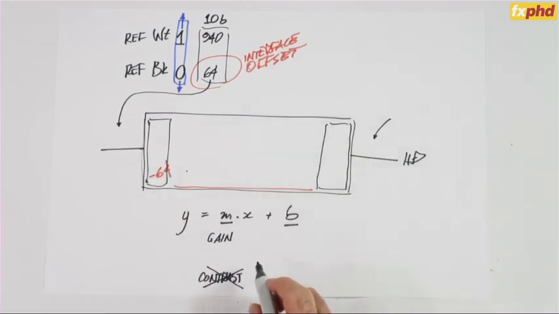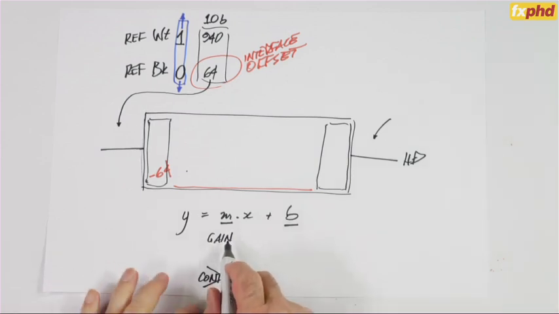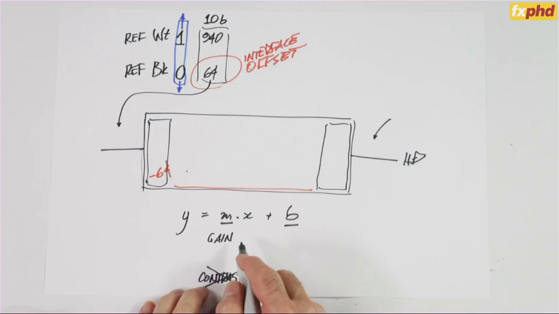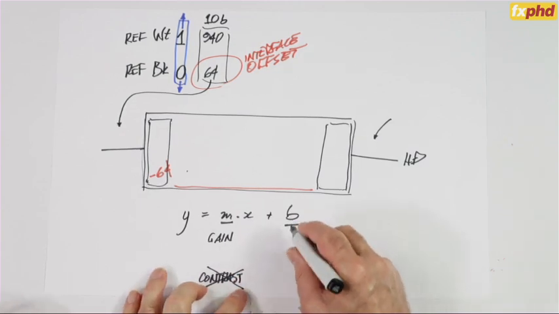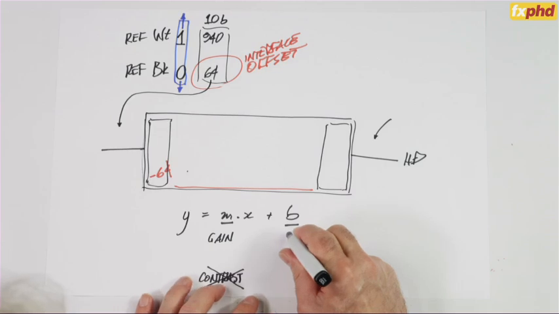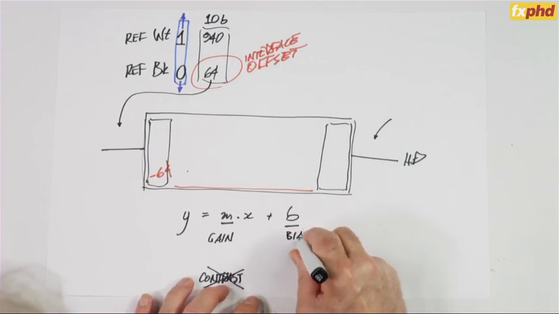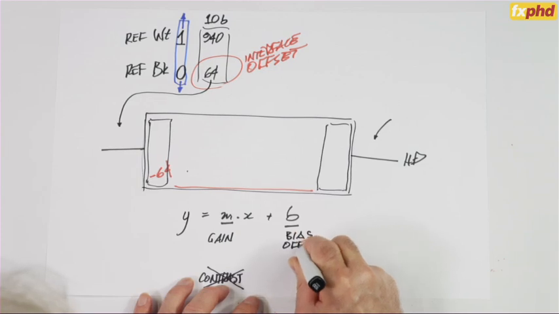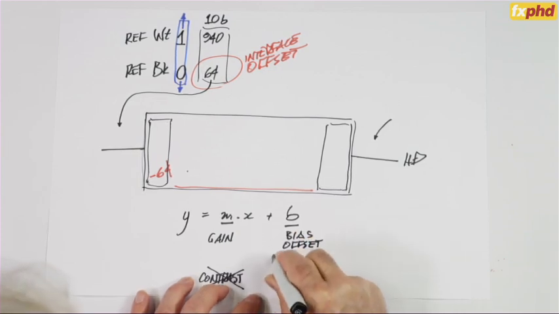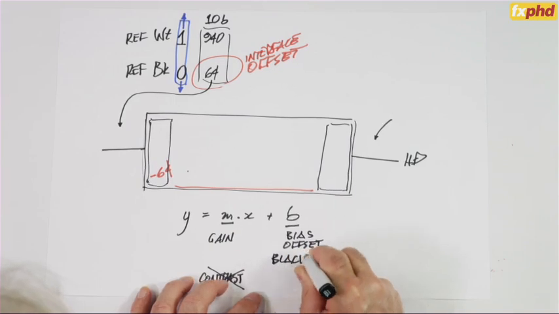In fact, in grading systems, the word gain is used quite often. Now, B, from the point of view of math or science or signal processing, you could call a bias or an offset. I like the word black level.